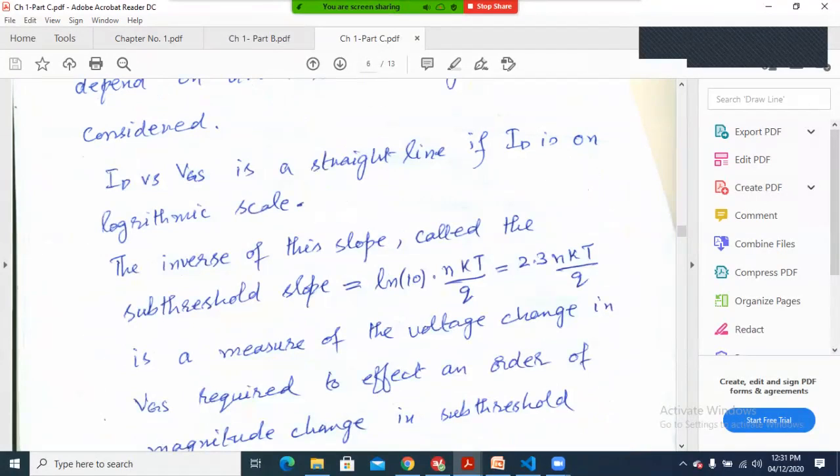So that value is 2.3 nkT by q if we calculate ID on a logarithmic scale.